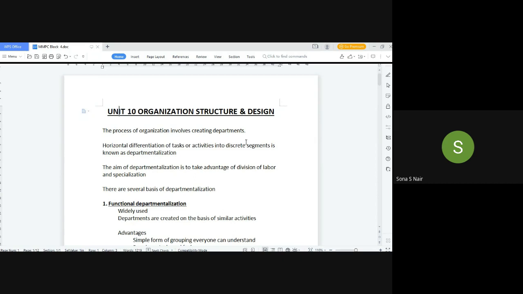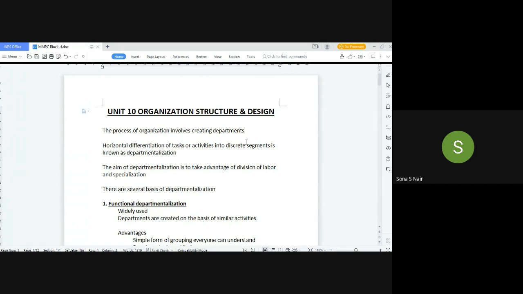Now, this departmentation basically is horizontal differentiation of tasks or activities into discrete segments, right? Now, the aim of departmentalization is to take advantage of what? Two things: division of labor and specialization. In the sense that if people come together and do similar kinds of activities, they become experts in those activities, and then we can take the benefit of the specialization which occurs in that scenario.